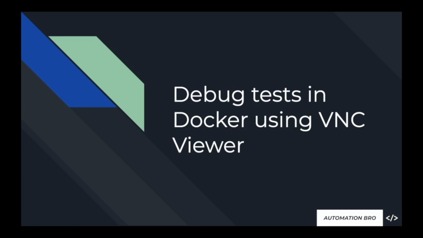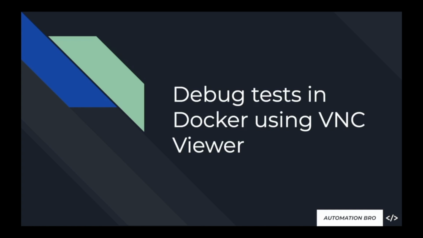So to give you a little bit of background, originally when I was learning how to set up Docker and how to set up Selenium with Docker, the first time I was executing my tests inside the Docker container, I could see that my tests were executing and I could see the report being printed out in my terminal. However, I could not actually see what was happening inside the container.